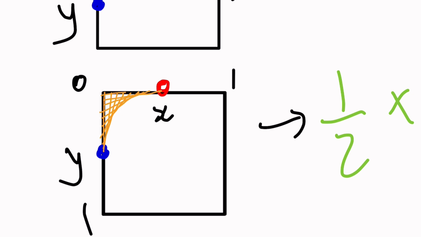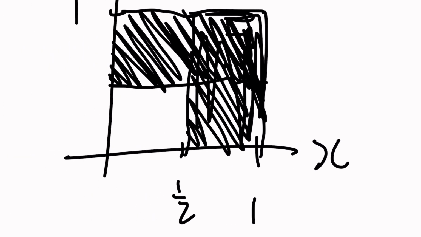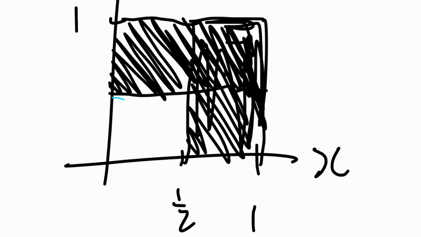And so this is what it should be, right? And if you see, it looks like a square minus a quarter circle, and it actually is a square minus a quarter circle. So that would be right here, and this will have to be shaded in.